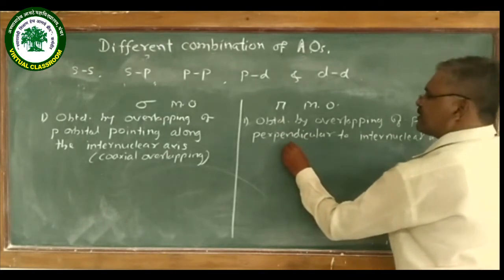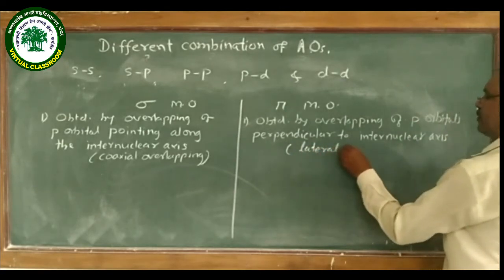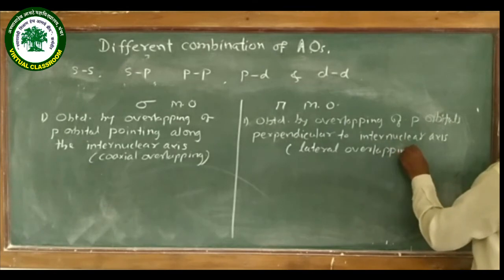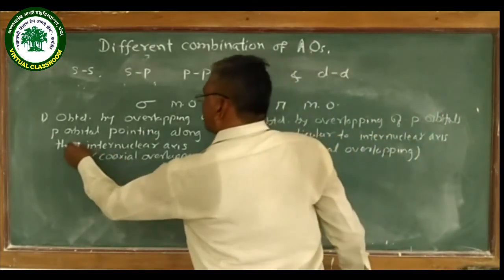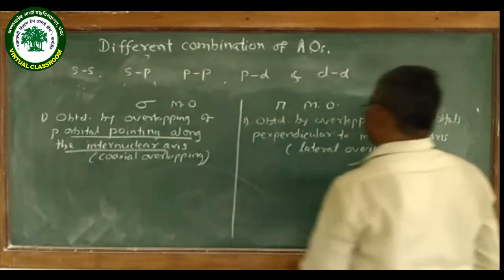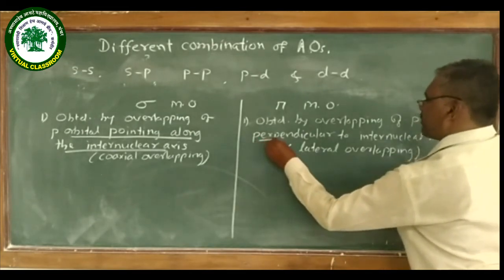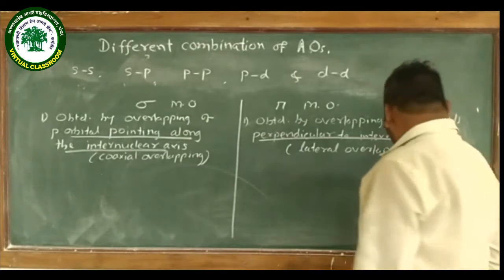That is called lateral overlapping. So, in this case, p orbitals pointing along the axis is an important point to be remembered, and in this case, the p orbitals perpendicular to the internuclear axis is the important point.